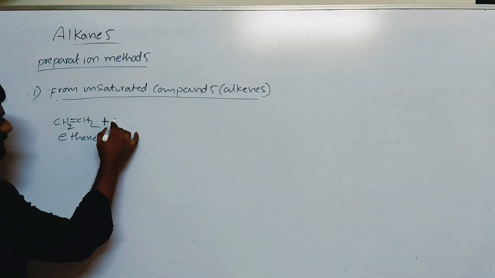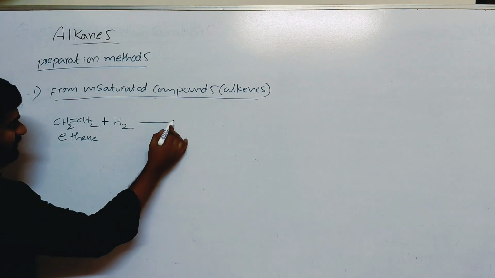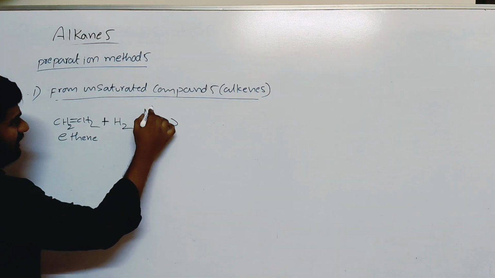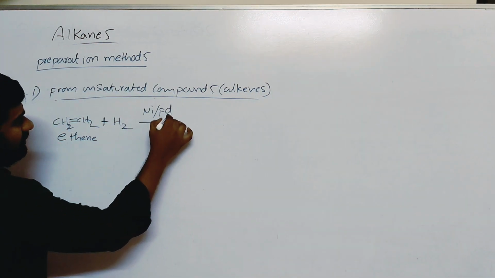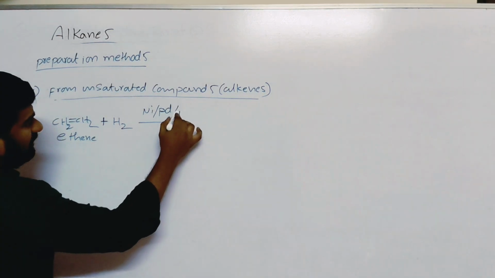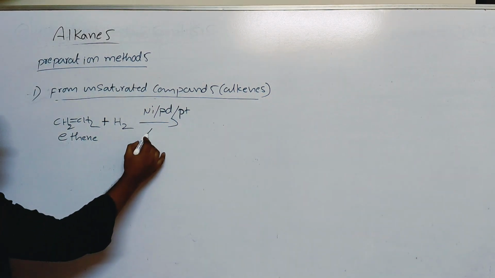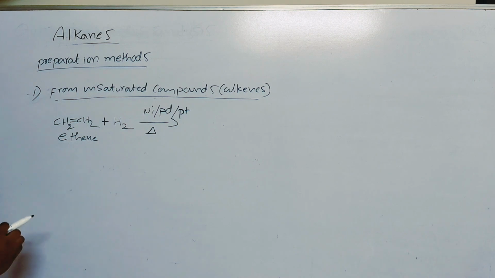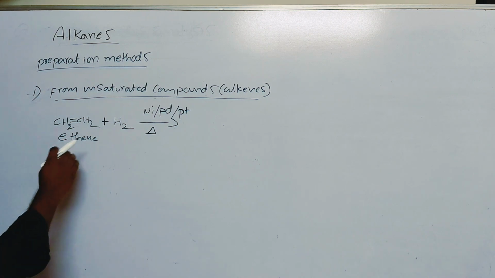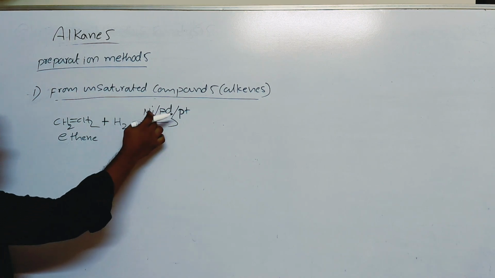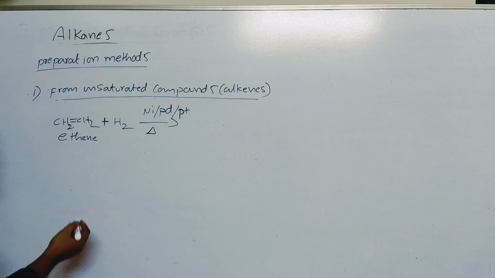Ethene reacts with a hydrogen molecule in the presence of catalysts like Ni, Pd, Pt. If you heat alkenes with hydrogen in the presence of Ni, Pd, Pt, what is happening?